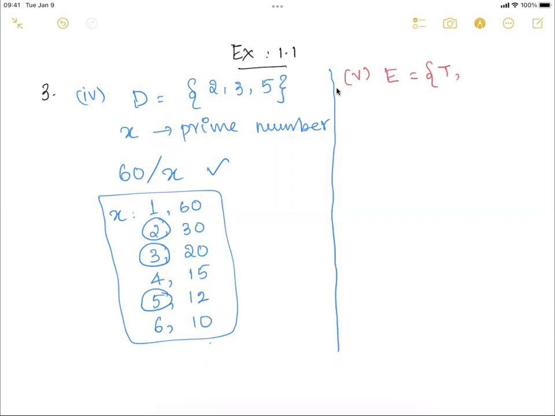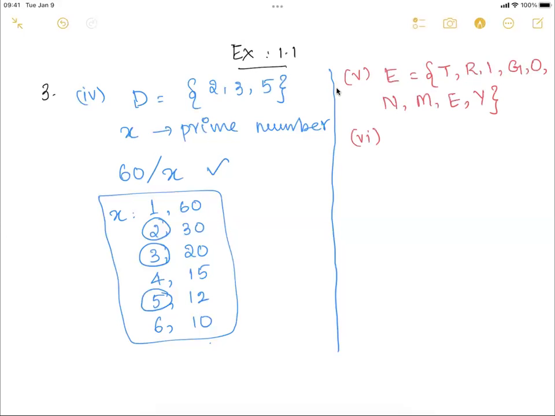So T, R, I, G, O, N, we already have O, M, E, we already have T, we already have R, and Y. Let's just check nothing is getting repeated. No, nothing. So this is the set.